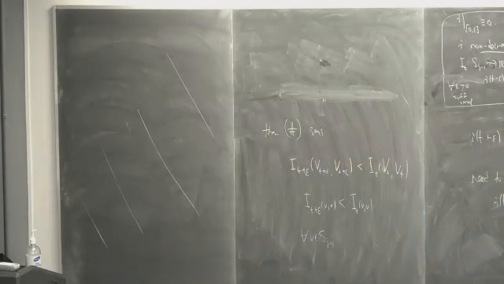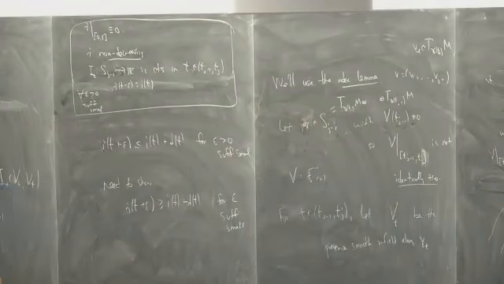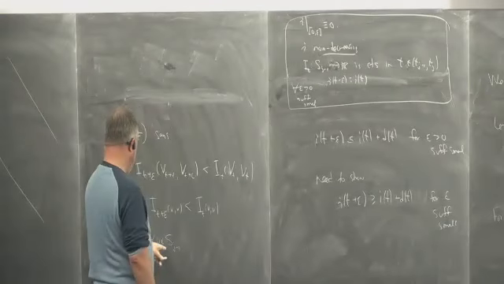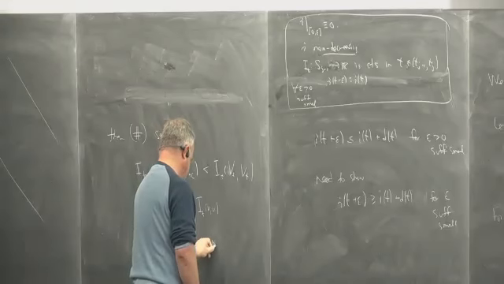So I needed this. The reason I needed this was so that W_t is not equal to V_{t+ε}. Okay, but then this is true for all v such that V_{j-1} is not equal to 0.